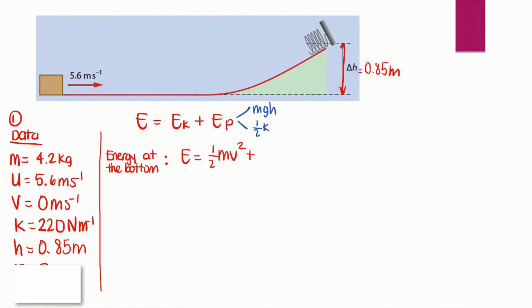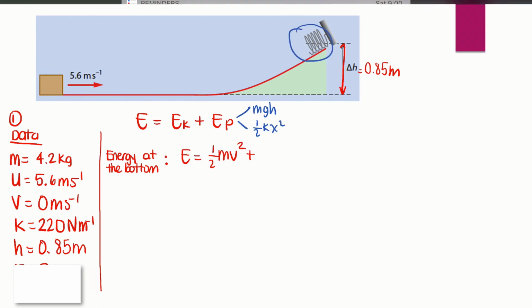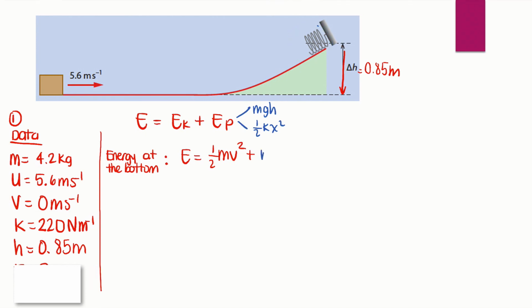So the elastic potential energy is given by this formula. We have to add both kinds of potential energy because we have a spring. So we have to add mass times gravity times height plus 1/2 of the spring constant times the displacement squared.